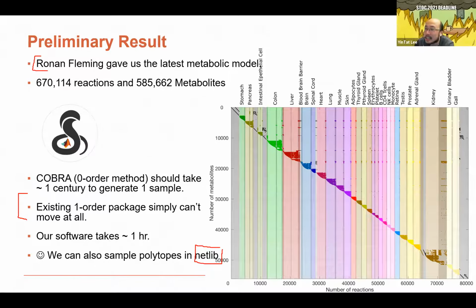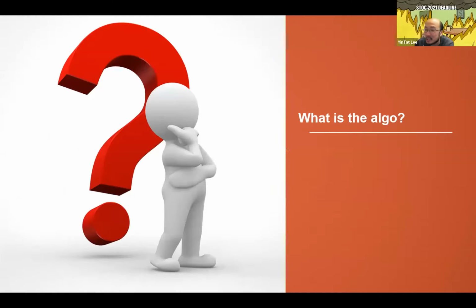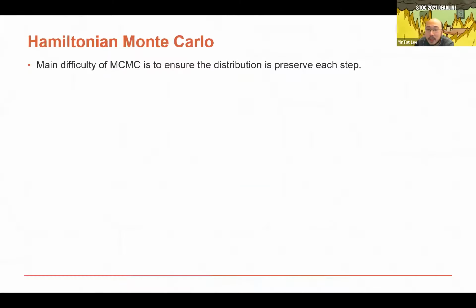So now I guess this is more of a TCS talk, so I should talk about what exactly the algorithm is. I need to first explain what Hamiltonian Monte Carlo is. I should highlight that all the commercial software is based on this. We are doing something similar.